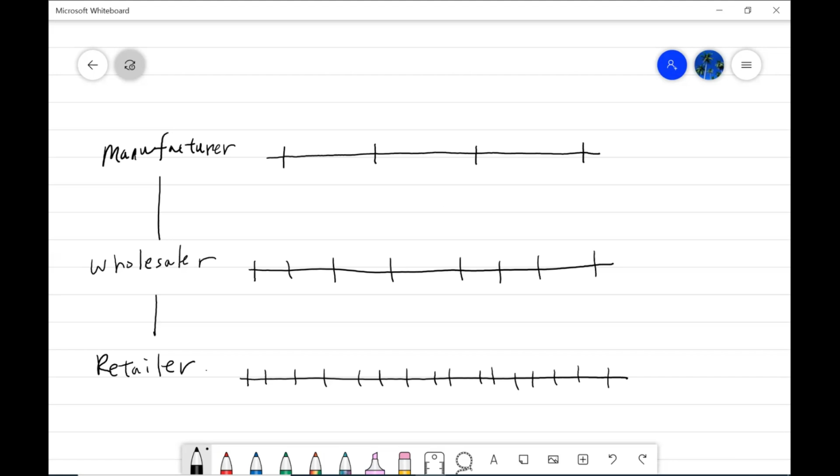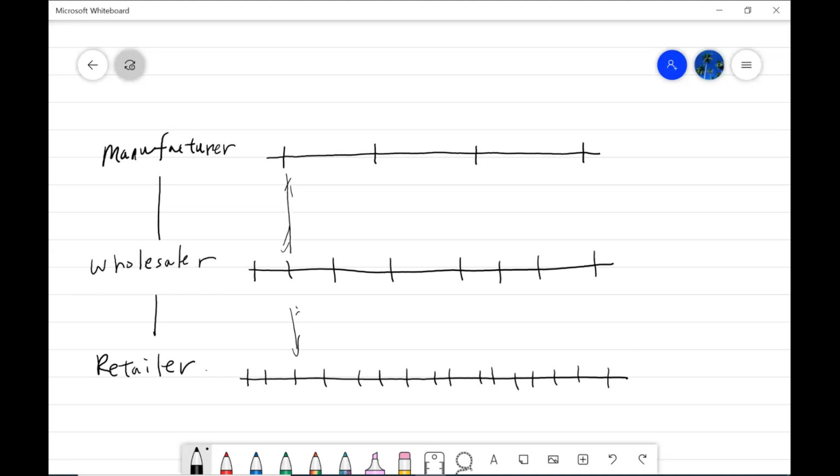Because of this mismatch in ordering time between the different stages in the supply chain system, we are supposed to have much cycle inventory. Okay, so the idea to reduce this unnecessary cycle inventory is very simple. What is that? Yeah, you try to match them.